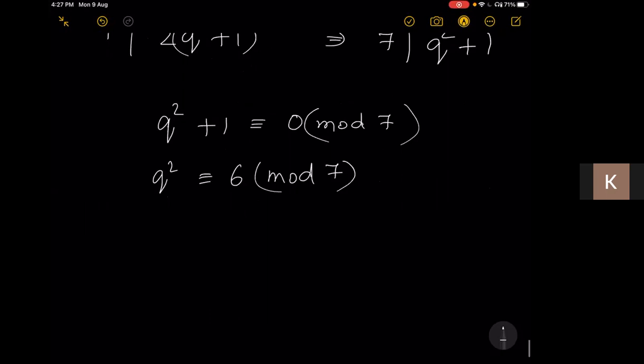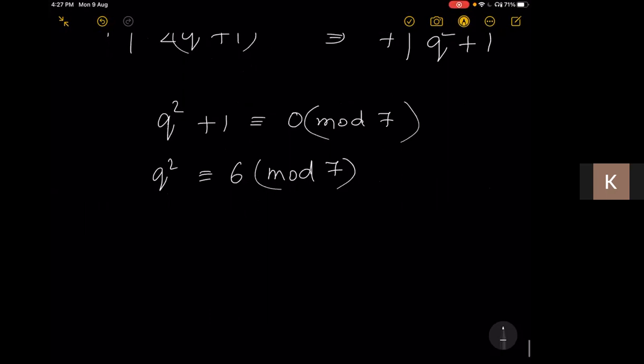But for any integer, q square cannot be 6 mod 7. This you can verify. Just like I gave a question that any n square is always congruent to 0 or 1 mod 4. It cannot be 2 mod 4 or 3 mod 4.